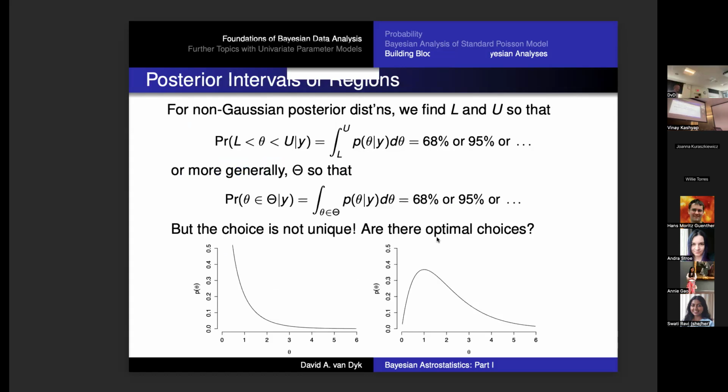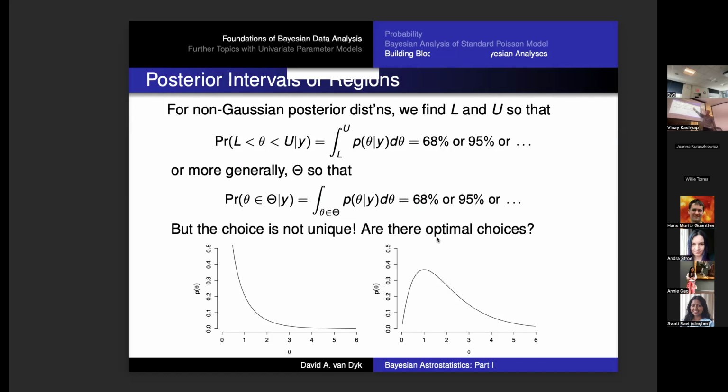Okay, so intervals. If I want to give you an interval estimate, the mass of the star is likely to be between X and Y, or between L and U, lower and upper. The general way you do this from a Bayesian point of view is I want to find L and U so that the integral, the area under the curve of the posterior distribution, since it's a 95% interval, is equal to 95%.